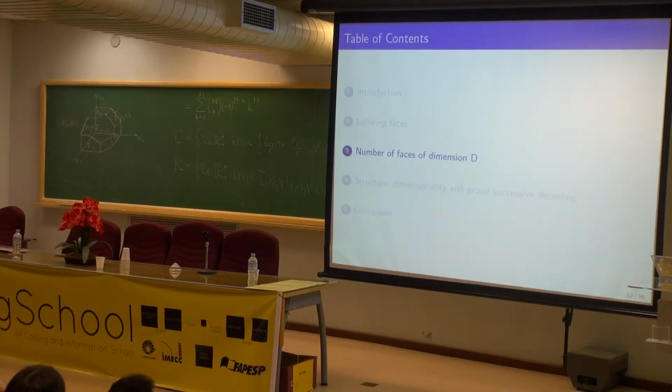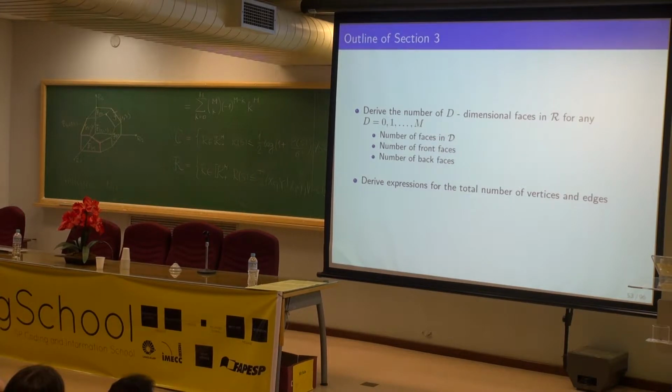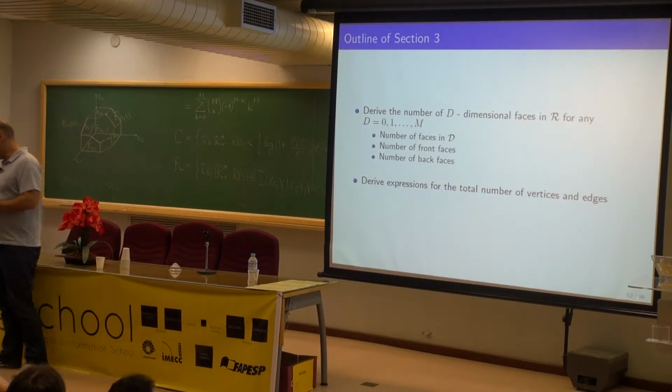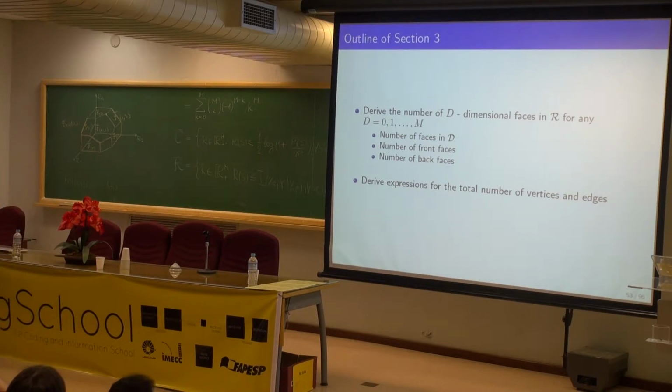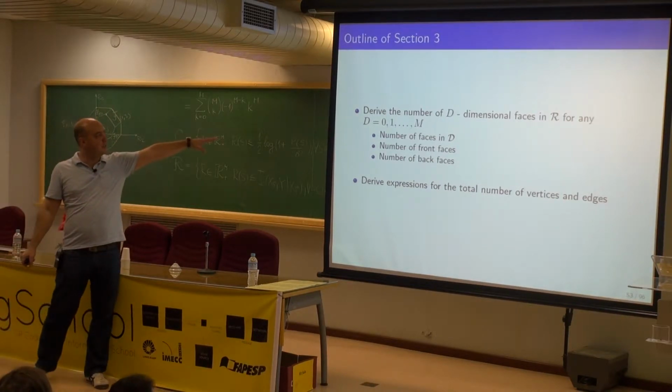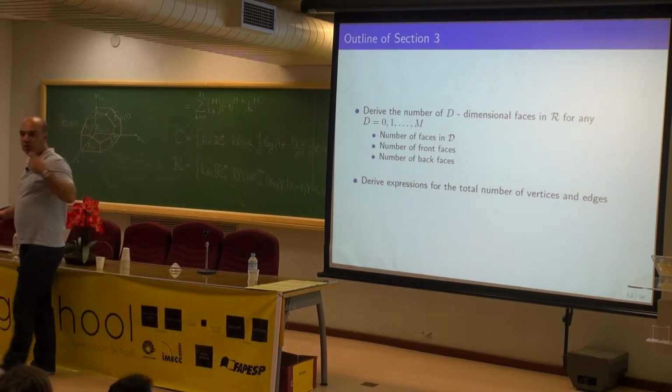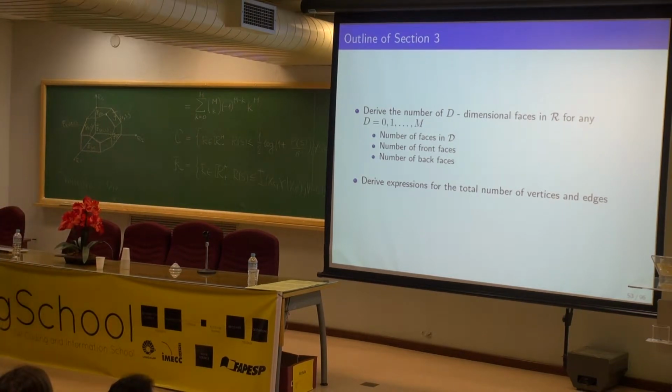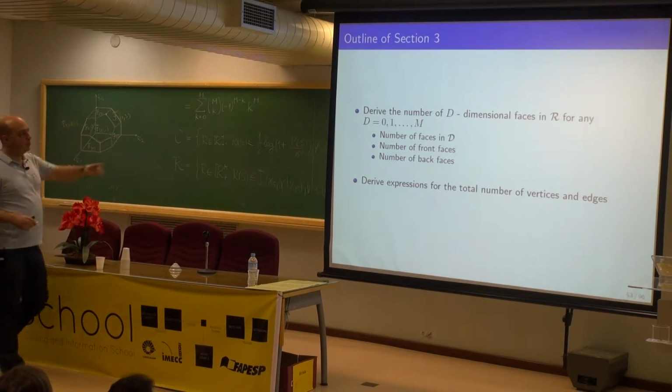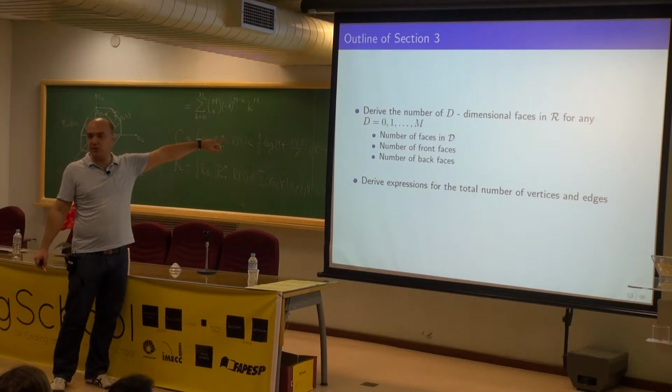Okay. And now is the fun part of everything. So we build up this theory and formal proofs. And now let's see how we can count the faces in any dimension. So faces of any dimension within the capacity region of any dimension. Obviously, these d-dimensional faces we limit between 0 and m. For d equals 0, it's a vertex.